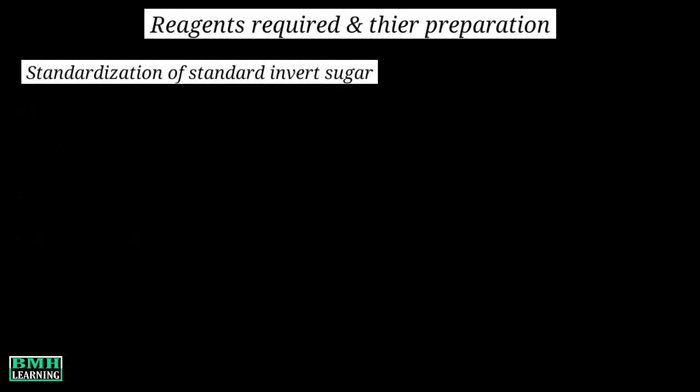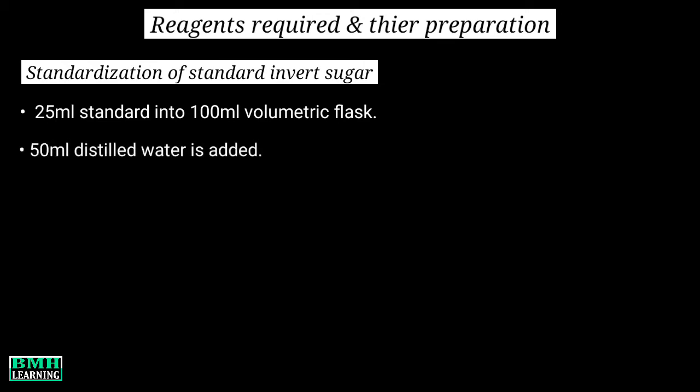Standardization of standard invert sugar. Pipette out 25 ml standard invert solution into a 100 ml volumetric flask. Into this flask, 50 ml distilled water is added. Also add few drops of phenolphthalein indicator.